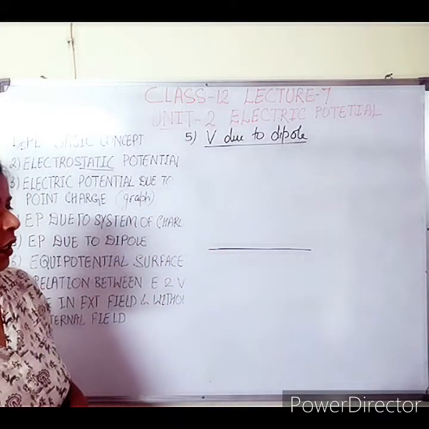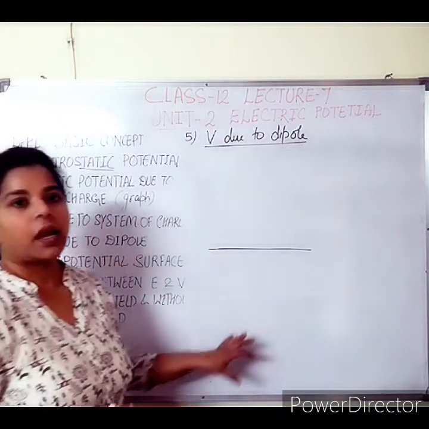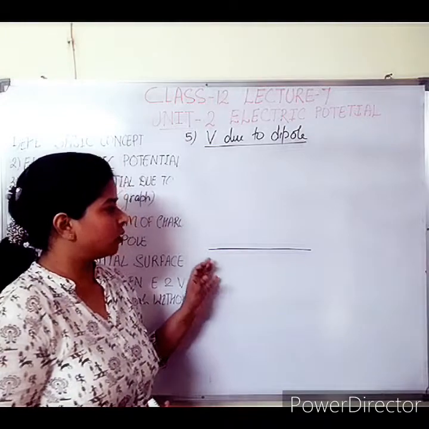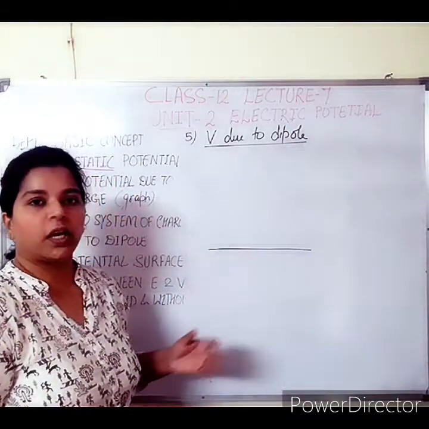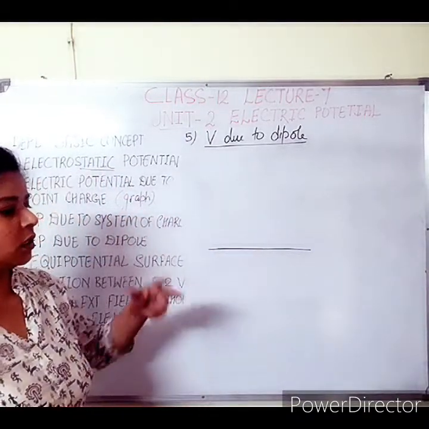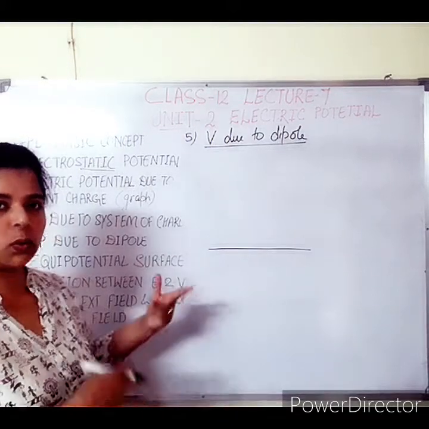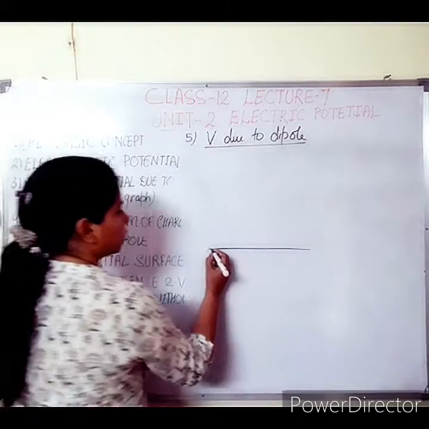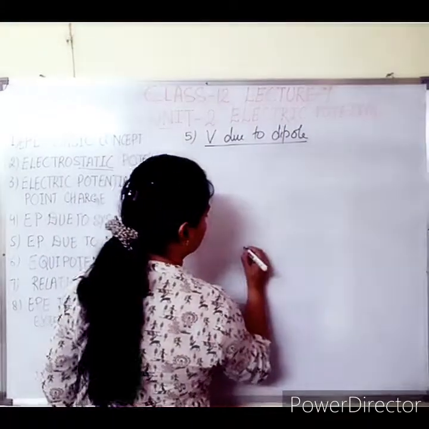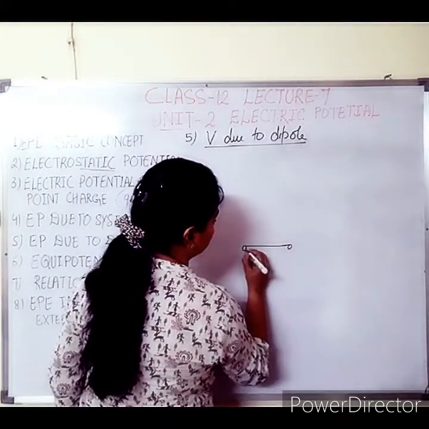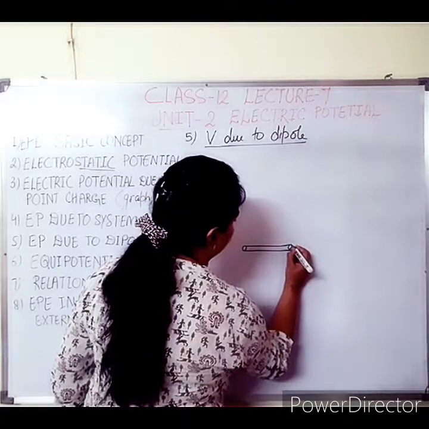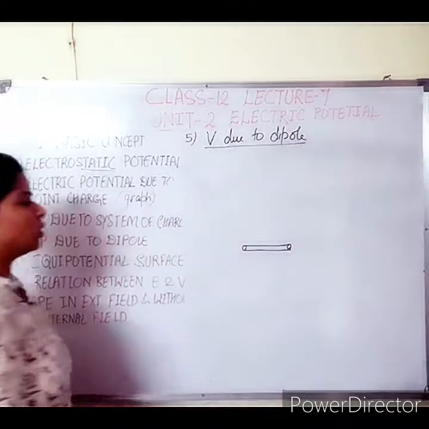We will get a generalized formula after this derivation, and then we can take the angle value and consider the two cases of axial and equatorial position. We will not do two derivations here. So this one is an electric dipole. You know that a dipole is a very small, tiny object, because the dipole length is very small.